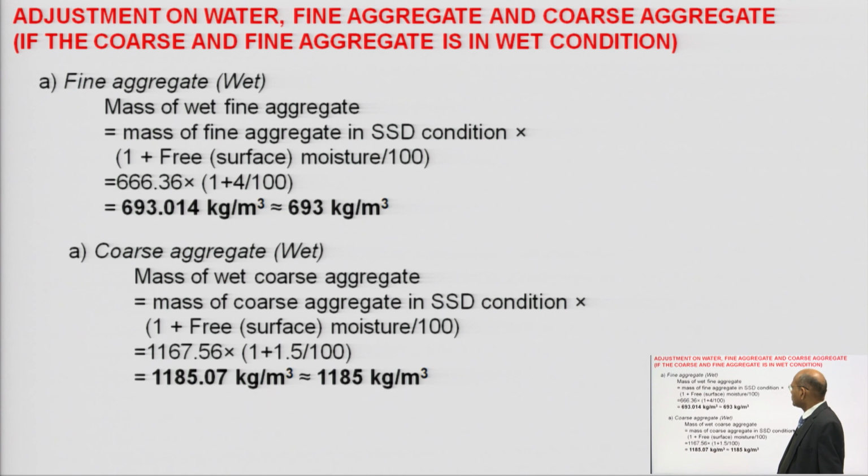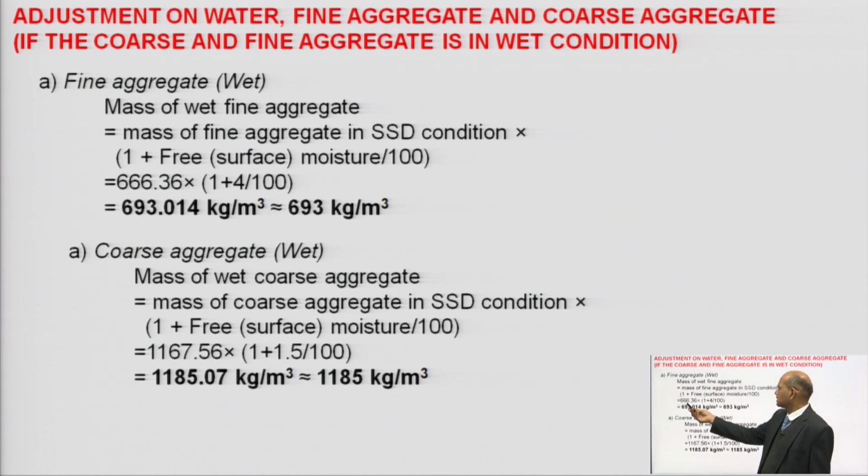So, what is the fine aggregate weight? Mass of wet fine aggregate will be nothing but mass of fine aggregate in surface saturated dry condition into 1 plus free surface moisture by 100. Okay. So, fine aggregate is having 4% excess water.